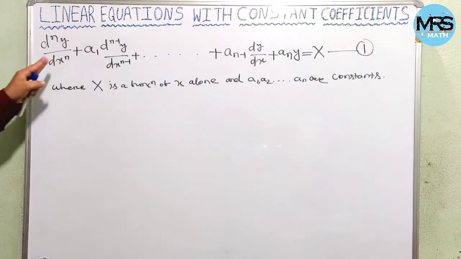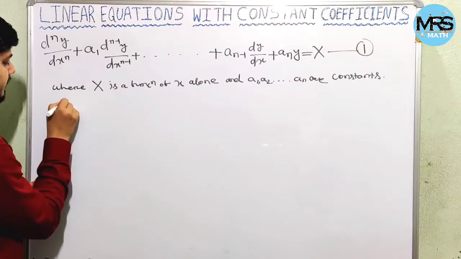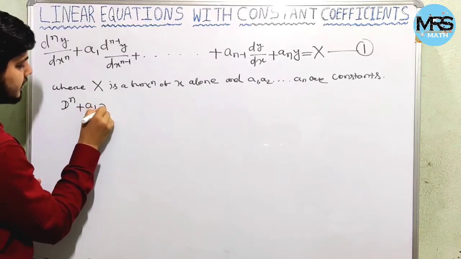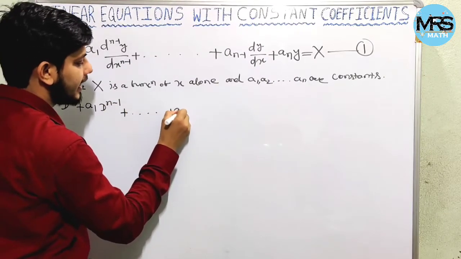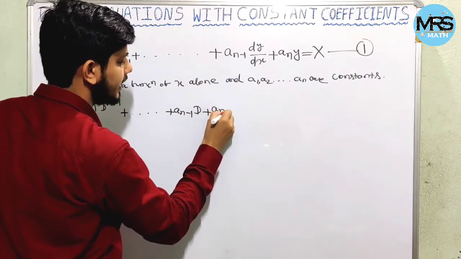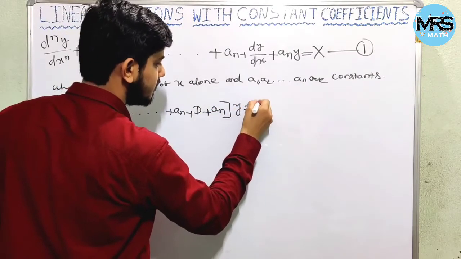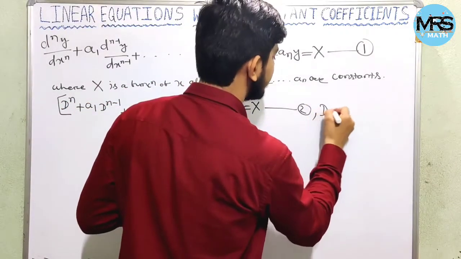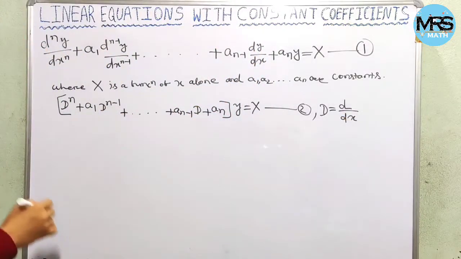So this equation 1 we can write symbolically as D^n plus a1 D^(n-1) plus up to a_(n-1) D plus a_n, into y equal to X. Here this D represents the derivative, that is d/dx.